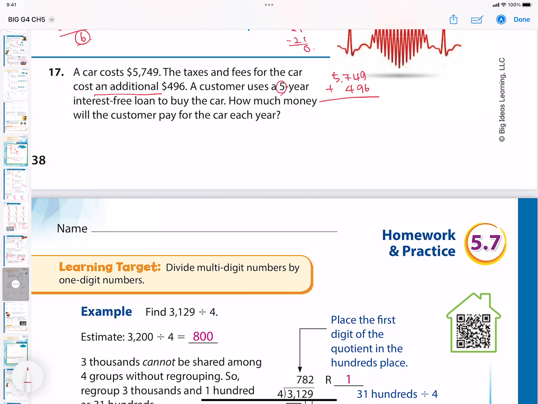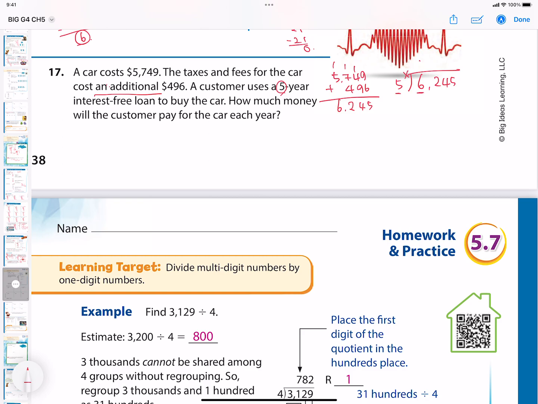All right, so now let's add together all the costs. 9 plus 6 is 15. Put down 5, carry 1 up. And 1 plus 9 is already 10, so I'm going to put this 0 down and carry 1 up. I know 8 plus 4 is 12. Carry 1 up, 6. Now let's work on it. 6,245 divided by 5. Compare this.